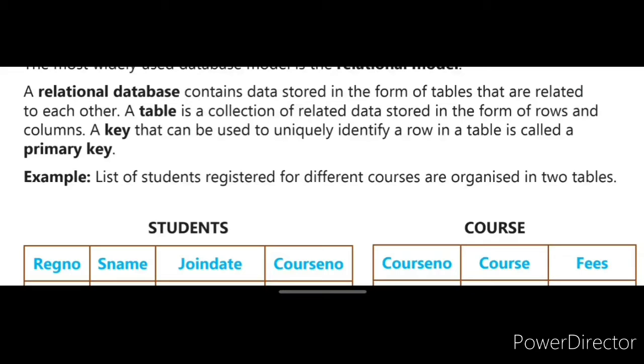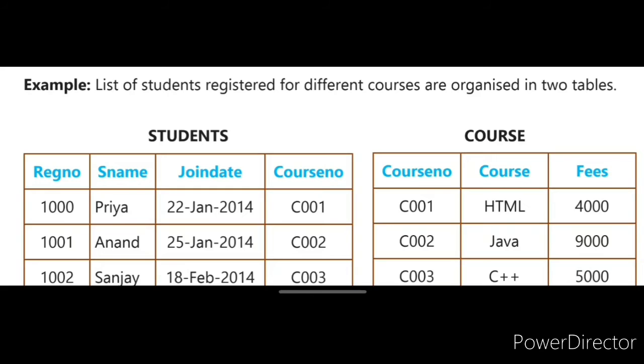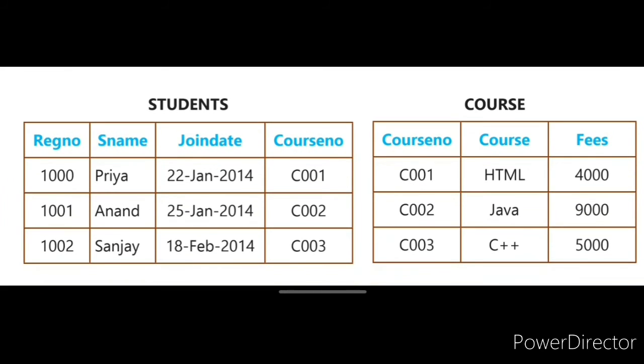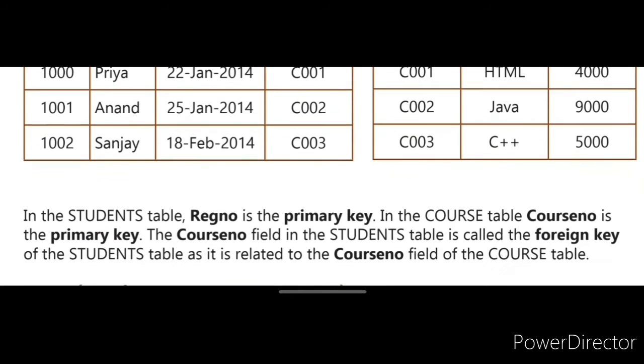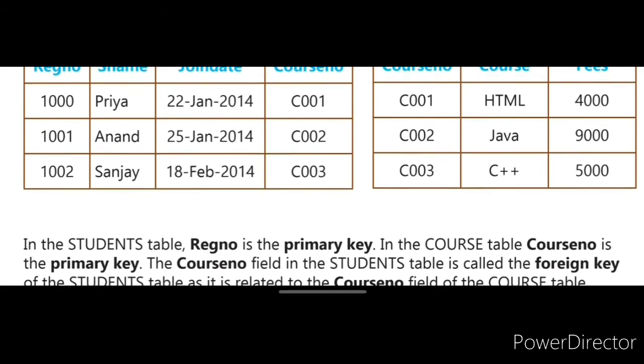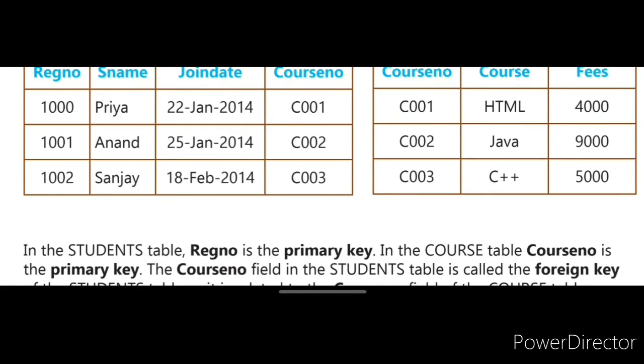A key that can be used to uniquely identify a row in a table is called a primary key. See this example. List of students registered for different courses are organized in 2 tables. In the student table, registered number, the first column, is the primary key.